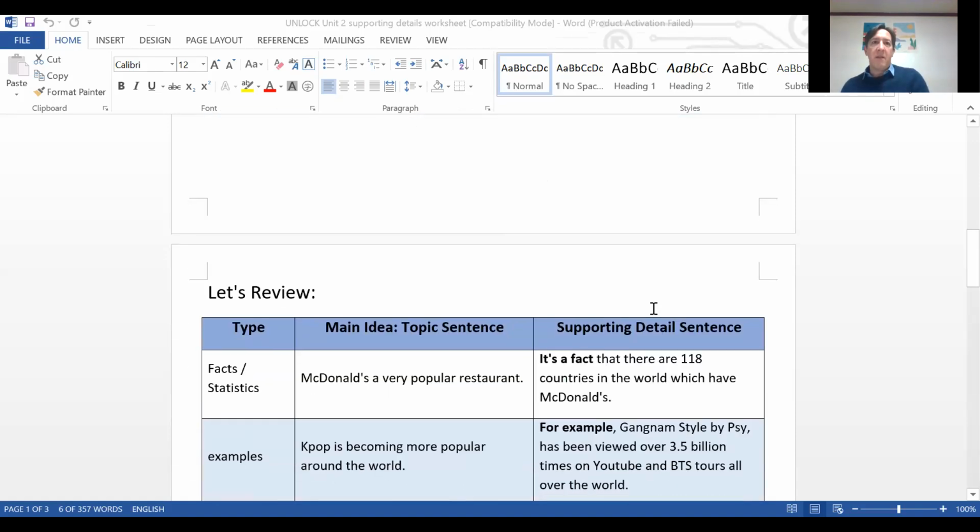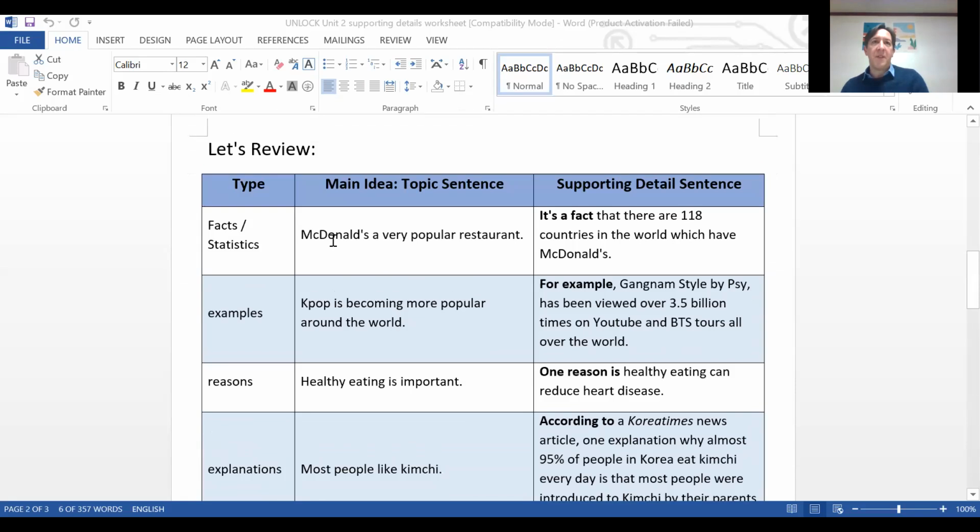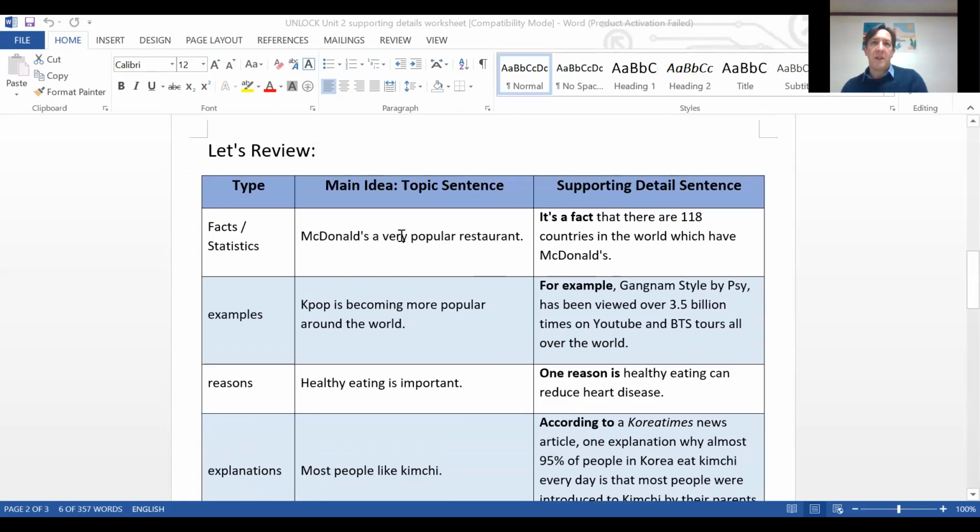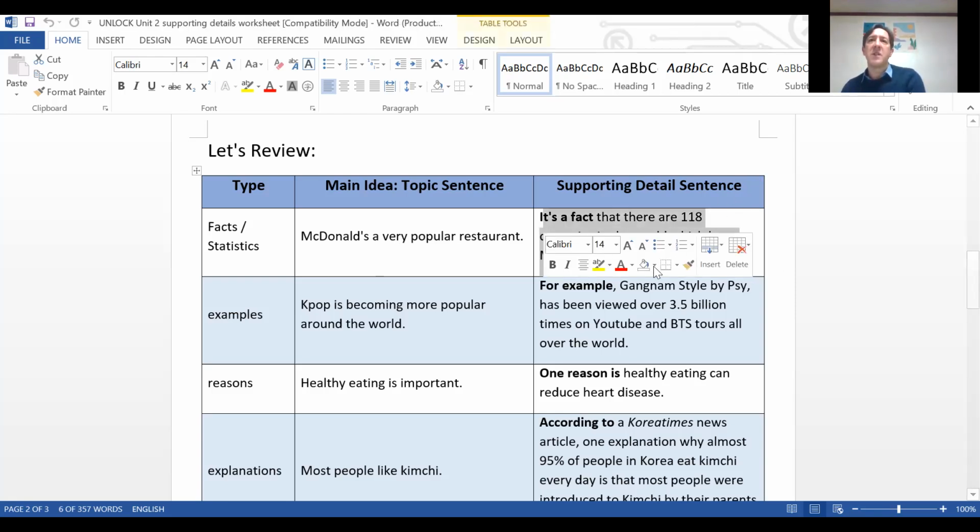Right, if we scroll down, I've given you some examples here of the different types of supporting details, supporting sentences. So fact, statistic. If the topic sentence is McDonald's, a very popular restaurant, a supporting detail sentence might look like this. It's a fact that there are 118 countries in the world which have McDonald's.